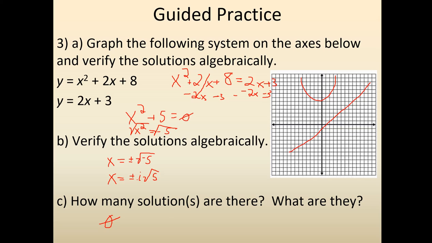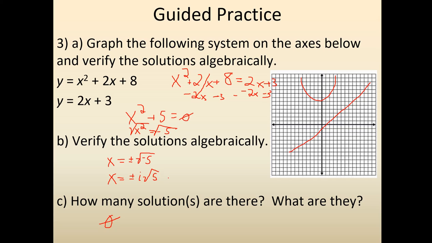So our solutions would be plus or minus i square root of 5, which is called an imaginary number. So basically the main takeaway is that there is no solution to this because taking the square root would give me a negative number. It is not real and therefore not a proper solution.